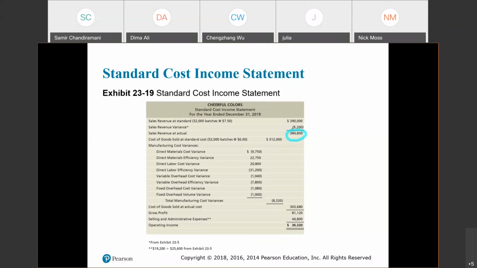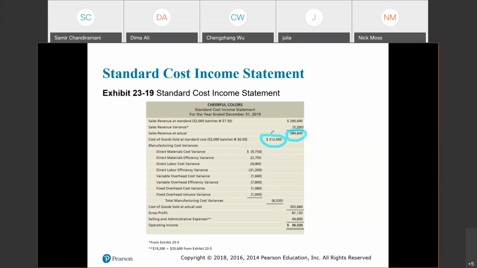And next, the statement shows the COGS at standard cost. And then the statement separately lists each manufacturing cost variance, followed by COGS at actual cost.